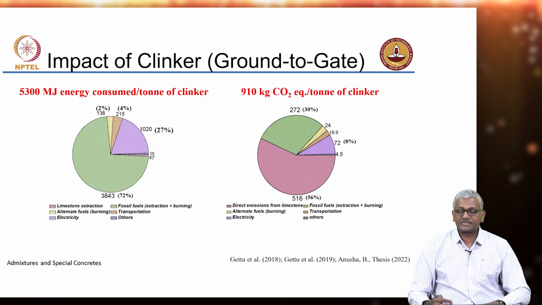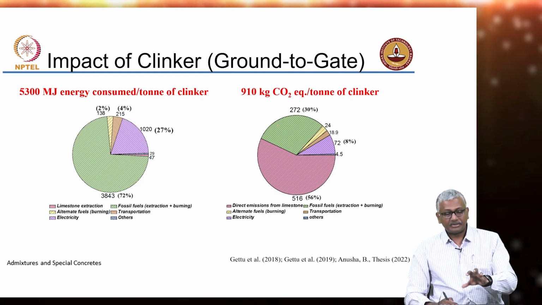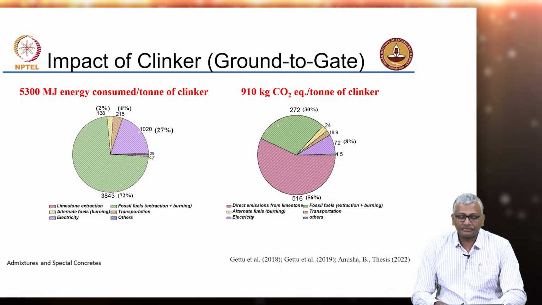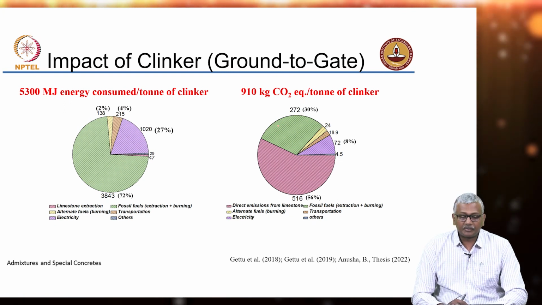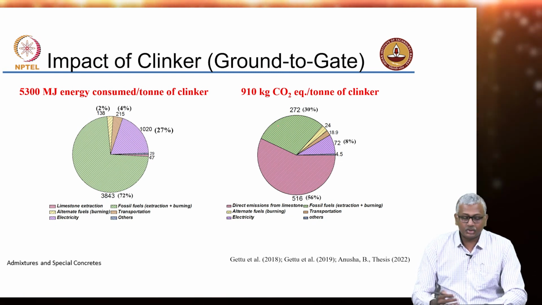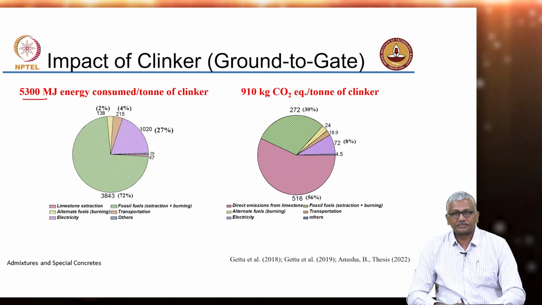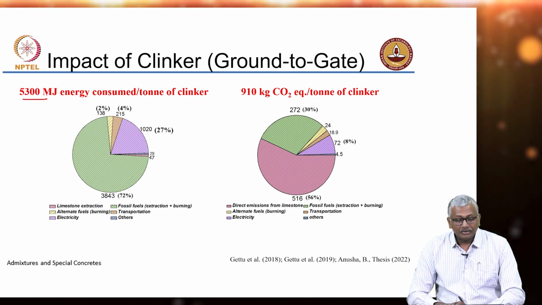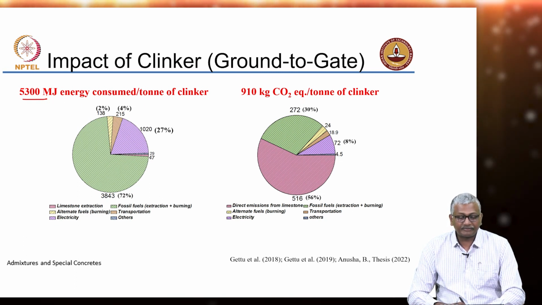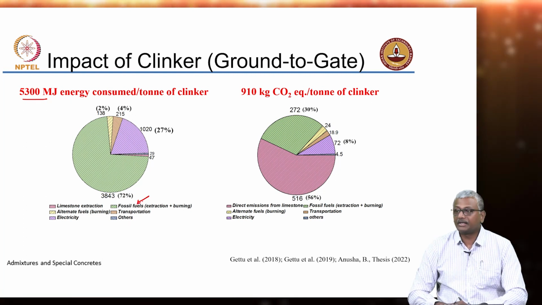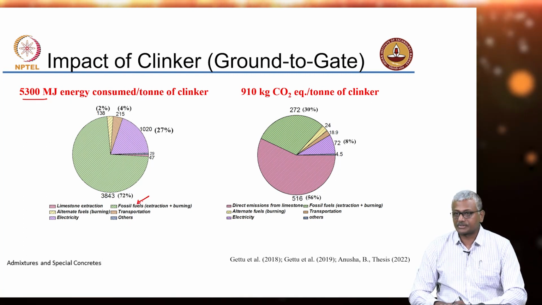Now, based on this data, the impact of clinker in a ground to gate process was being calculated. So, you can see here per ton of clinker production, the total energy that is consumed is 5300 megajoules or million joules. Okay. Look at what is contributing to the maximum energy consumption is basically the extraction and burning of fossil fuels. Okay.